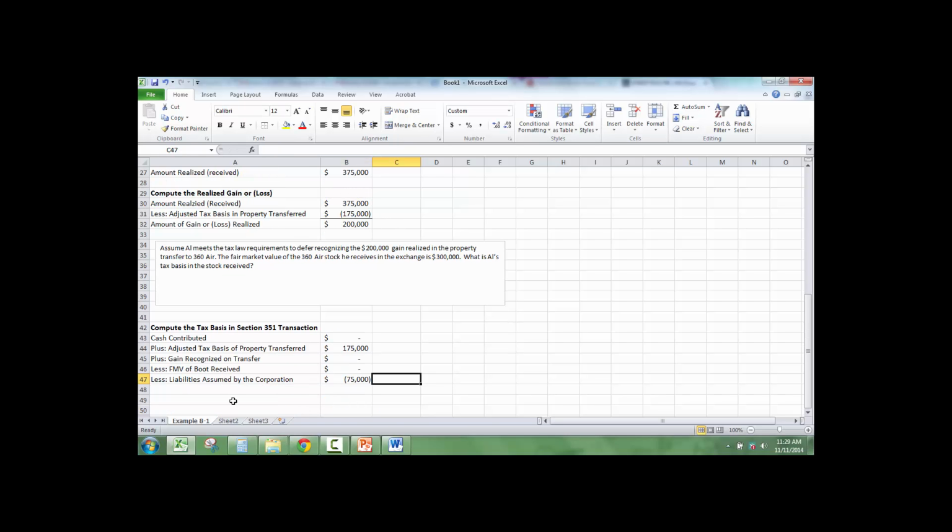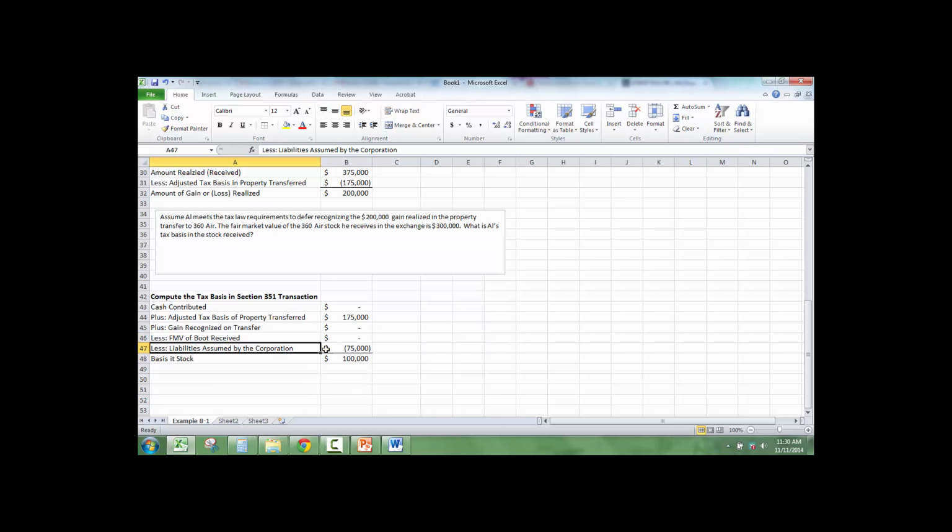I'll subtract that. Equals basis in stock. Add these all up. And the basis in the stock is actually $100,000 on the $300,000 fair market value stock that he received.